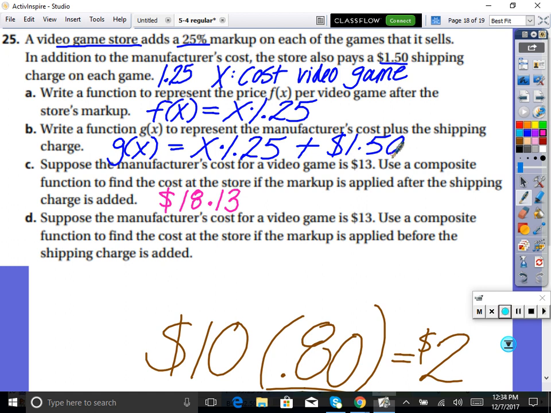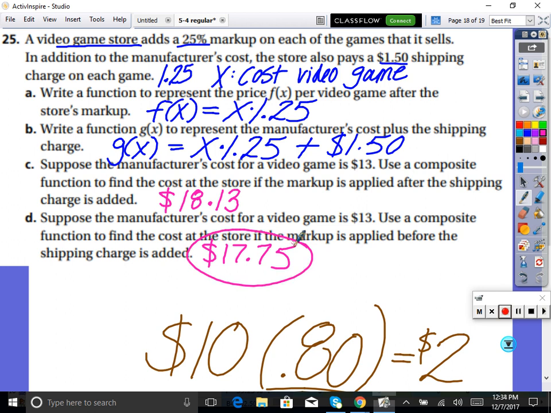But in part D, it says, let's just do this the correct way, basically. Let's do the markup charge and then add shipping, which is really more fair for the consumer because you shouldn't charge them interest on shipping, right? So do that one. You'll type it in directly right here: 13 times 1.25 and then add the shipping after that. So now think about it. This is cheaper for the consumer, obviously.